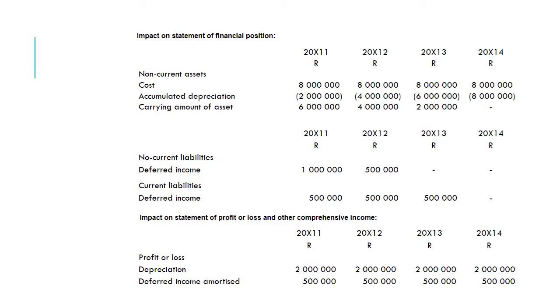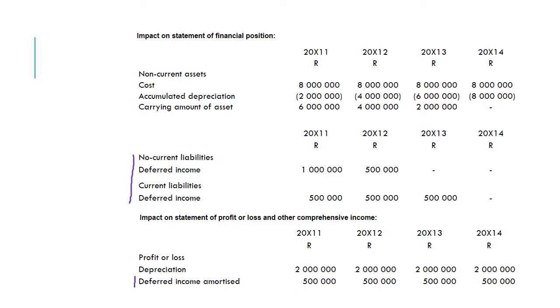So let's go and look at what's the effect on the statement of financial position and our effect on the statement of profit and loss and other comprehensive income. The first thing that I want you guys to see is that here in this option we have a liability as well as we have an income, which we did not have in the previous option.